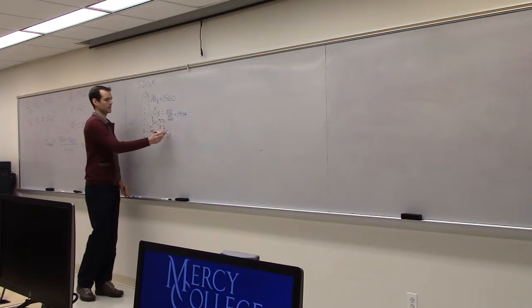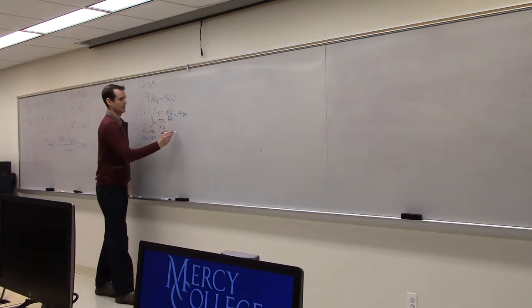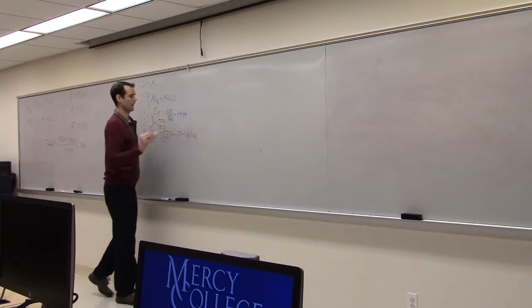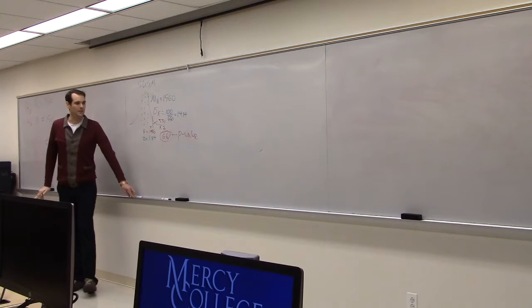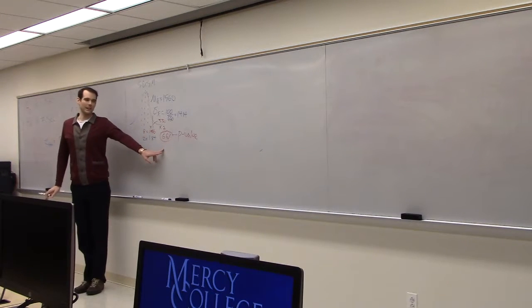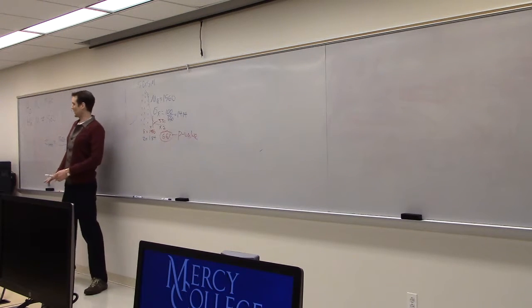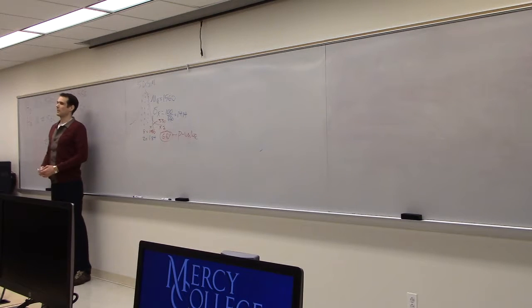And we call that 6.6% our p-value. And our p-value is the probability of getting a sample mean at least this extreme, given a true null hypothesis.